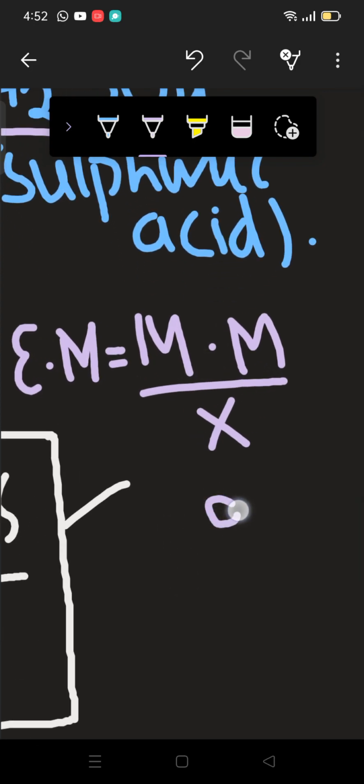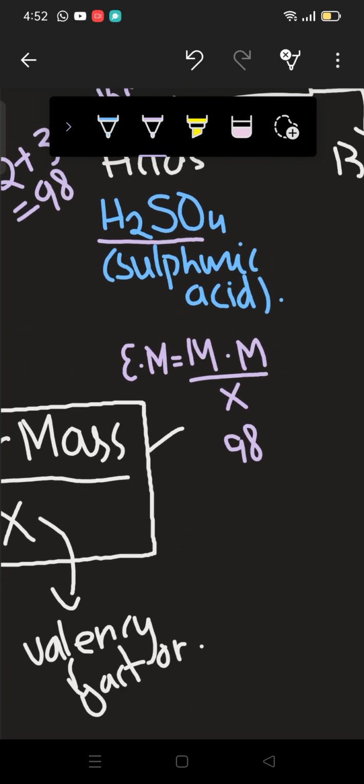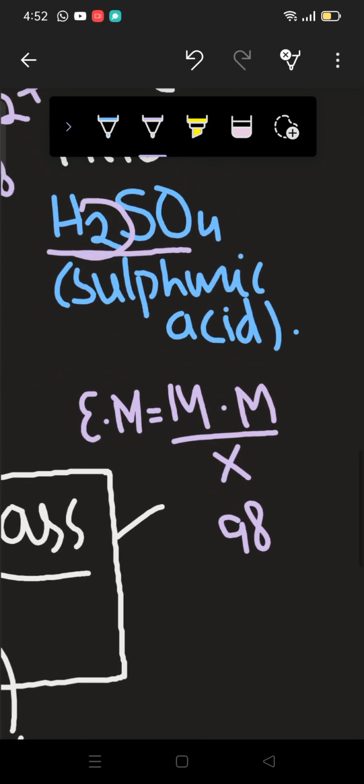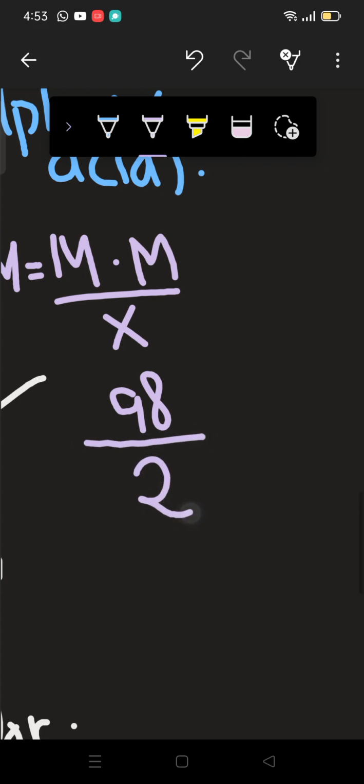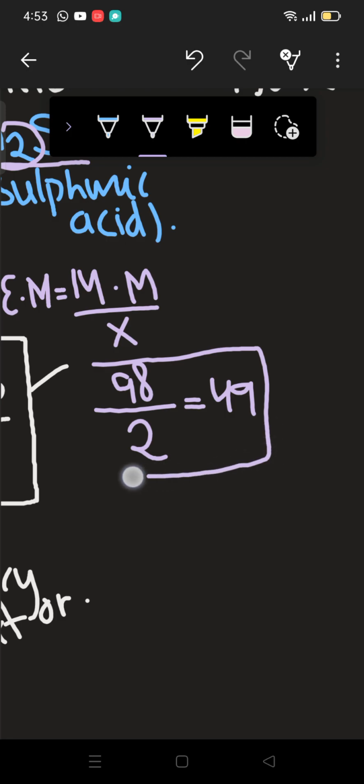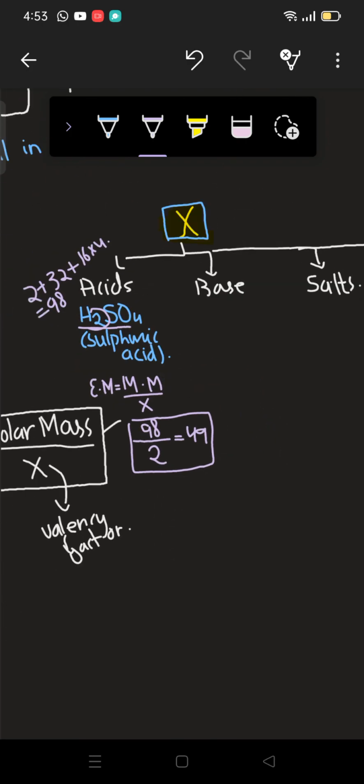So 98 is the molar mass of it. And as I told you, X represents the number of H ions present in the acid. Here H ions are 2, so 98 divided by 2, which is of course 49. So 49 is the equivalent mass of H2SO4, right?